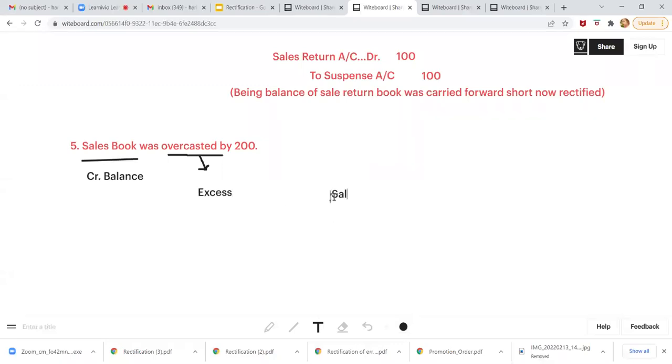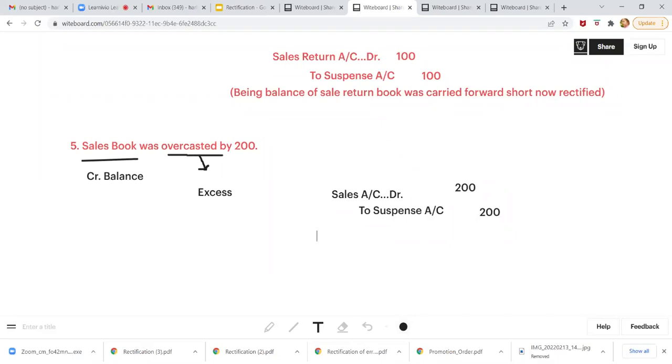So we will pass the rectifying journal entry as Sales Account debit to Suspense Account credit, as this is a one-sided error, so to rectify it we have to create a suspense account, with the amount of 200, right?